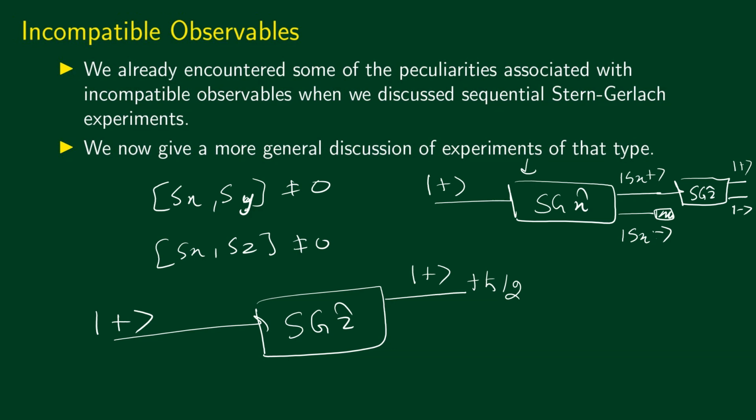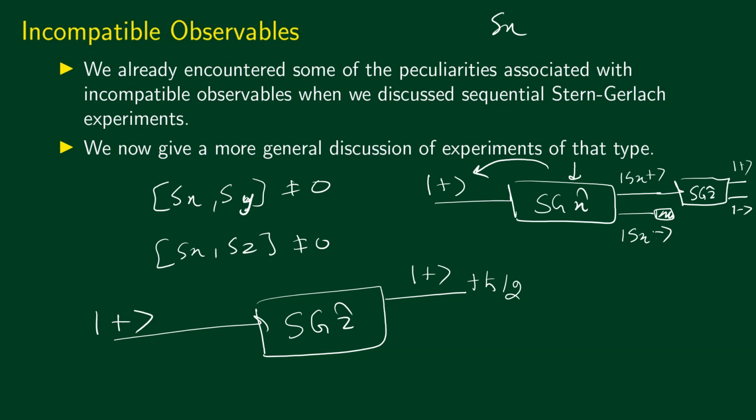But before passing this beam through SGz hat, if I choose to measure the x component of spin, then this beam actually picks up a component along the Sz minus direction also. In other words, the measurement of Sx has destroyed the previous information regarding the observable Sz.